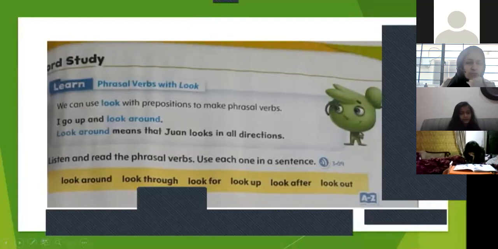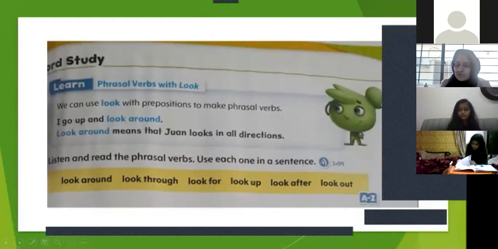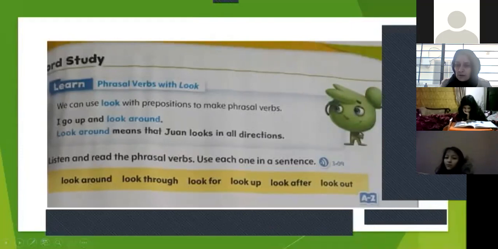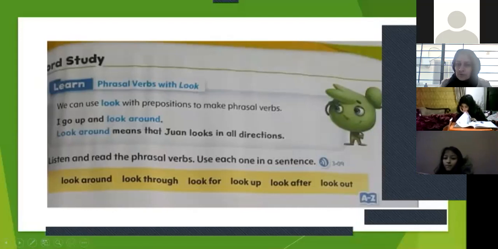As you see, the topic is phrasal verbs with look. Basically, phrasal verbs consist of a verb and an element as well. For example, with the word look, look is a verb, right? When you use phrasal verbs with it, like look around, look through, look for, look up, look after, and look out, these are all phrasal verbs, okay?